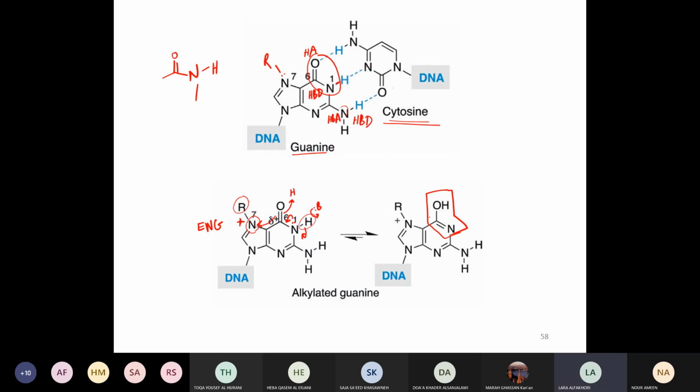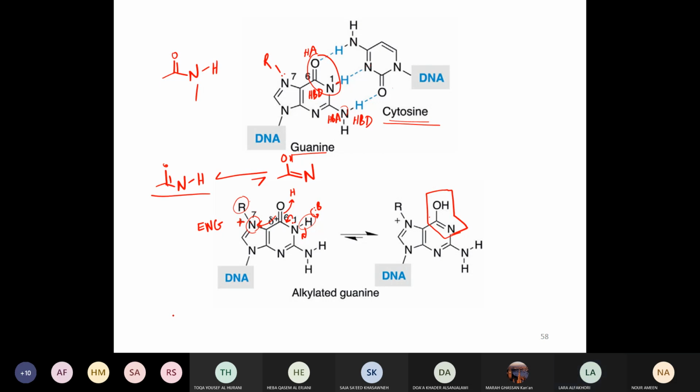Normally in guanine there is an equilibrium between those two forms, the amide and the enol amide, usually shifted toward the amide form. But if alkylated, the equilibrium will be shifted toward the enol.